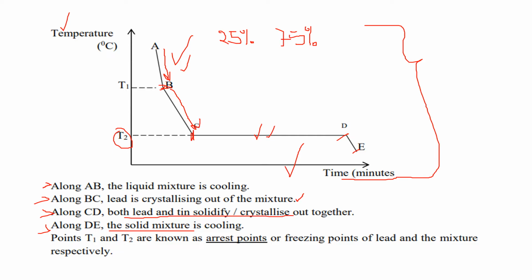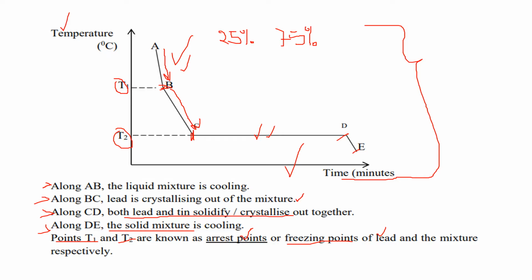Now notice that points T1 and T2 are known as the arrest points. Arrest points can also be called freezing points. Remember that T1 is where lead starts to crystallize out, and the reason for that is that lead has the highest composition in the mixture.